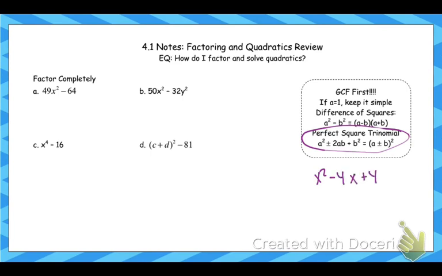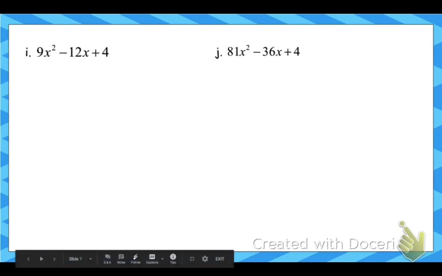So a perfect square trinomial means you have three terms, and if you take the square root of the first term and the square root of the last term, multiply them together and multiply them by 2, if you get the middle number, then it's going to factor into that perfect square trinomial. So basically the same binomial that's just squared. And that's going to come up a lot when we do difference of squares next class. So let's go ahead and look at a couple more examples of this.